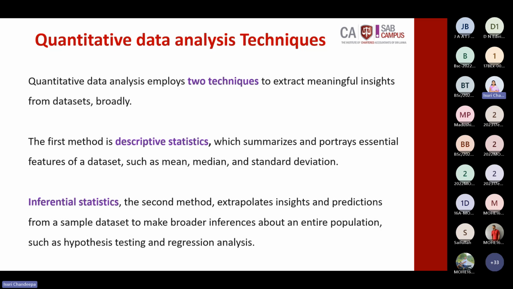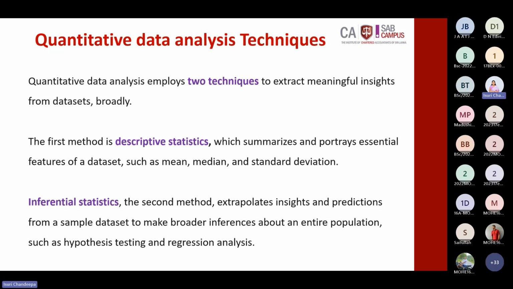I hope you know descriptive statistics. What do we mean by descriptive statistics? It summarizes the features of the data set. You can identify the mean, median, mode, standard deviation, range, the lowest value, the highest value, and the difference between them.